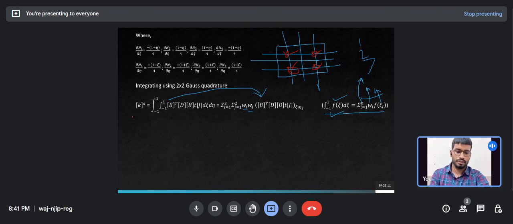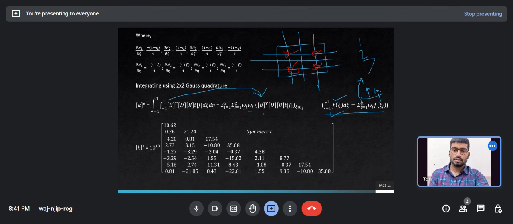matrix. Right? So here if you see, the size of the B matrix was 3 into 8, so the transpose will be 8 into 3, and the size of the D matrix is 3 into 3, and the size of the B matrix is 3 into 8, and T is some constant term, J is also some constant term, right?